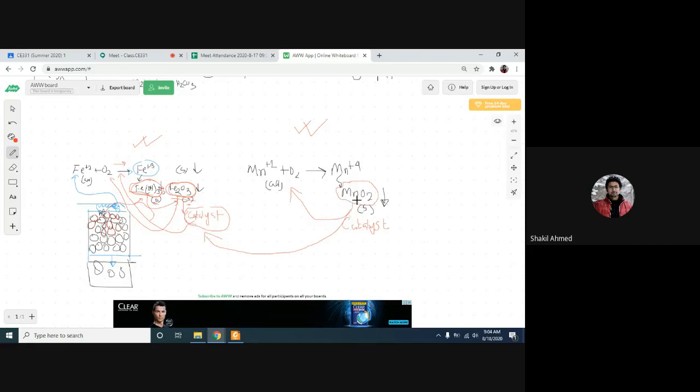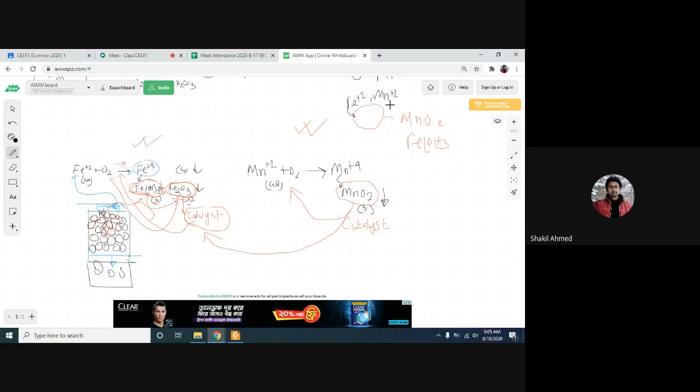Basically, these are gelatinous, that means sticky. These layers are gelatinous or sticky, okay? And they can absorb these ions. For example, this is the coating of manganese oxide, or you can call it ferric oxide or ferric hydroxide, whatever. So when a ferrous or manganese ion comes here, they are adsorbed here.